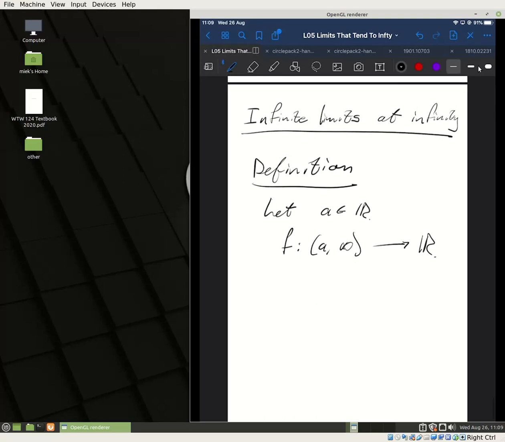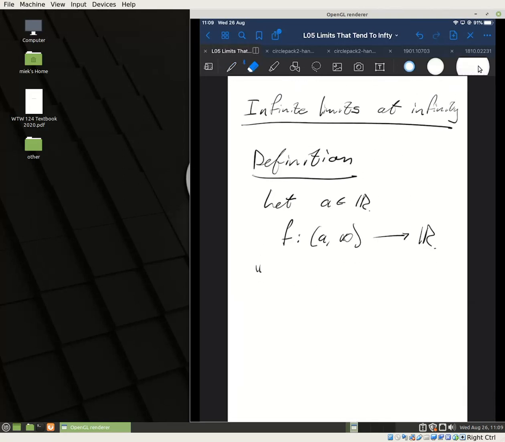Then by the following, the limit as x tends to plus infinity of f of x is equal to plus infinity.